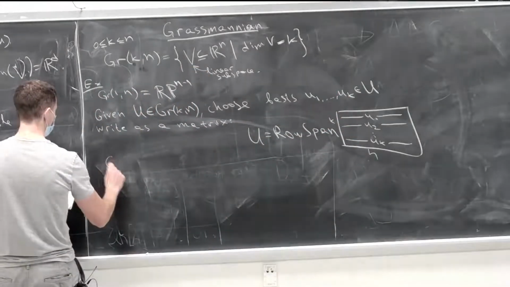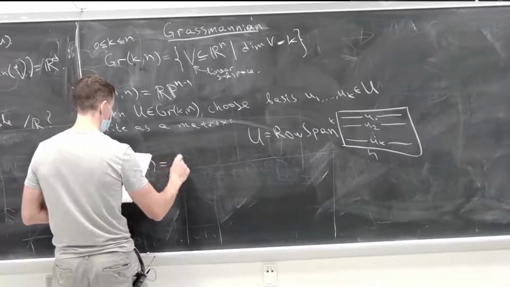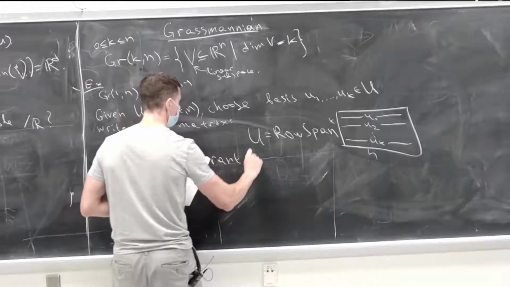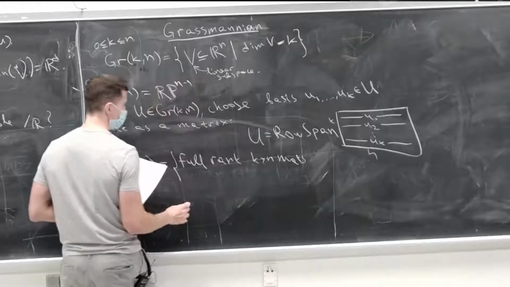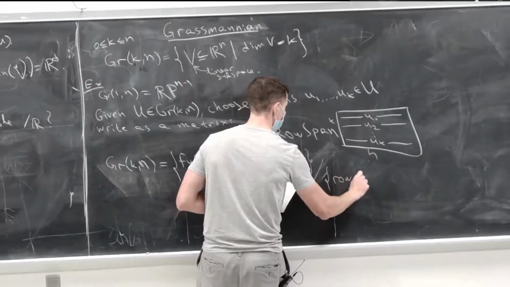So the other way to think about the Grassmannian is as full rank K by N matrices modulo row operations.